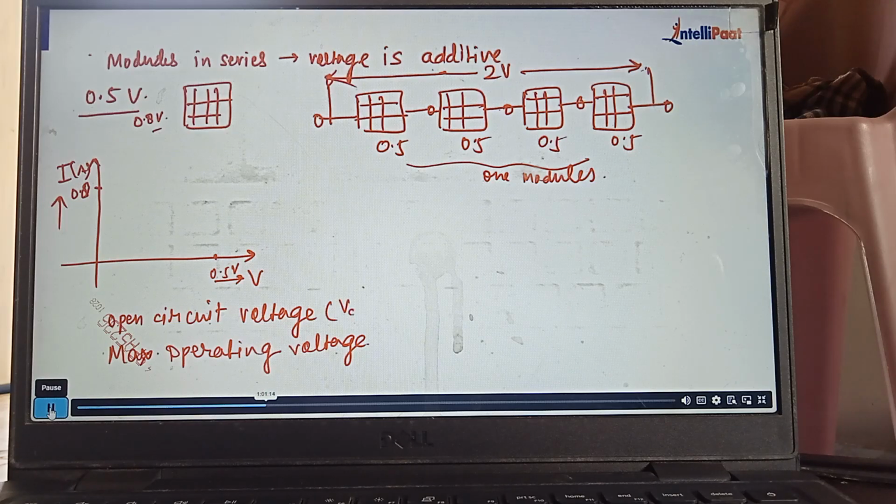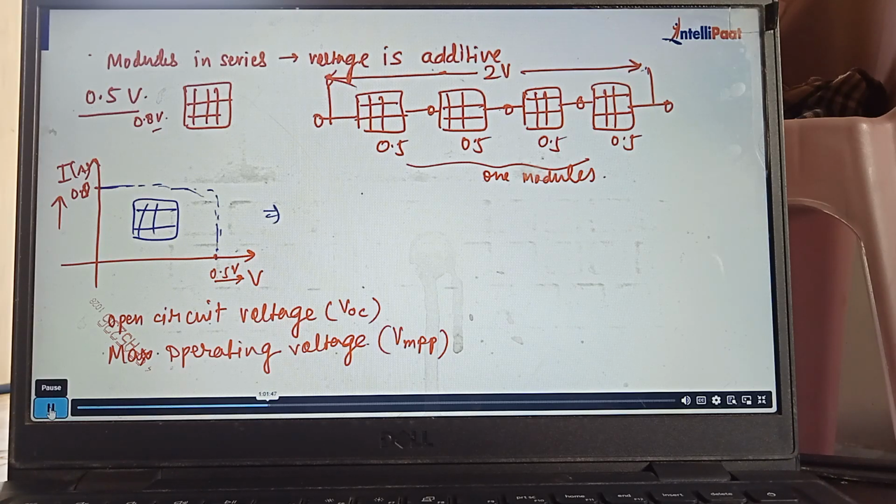Open circuit voltage is generally represented as VOC, while the maximum operating voltage is represented as VMPP. So how do we draw this characteristic? For a single cell, the characteristic comes out something like this, with some slope.